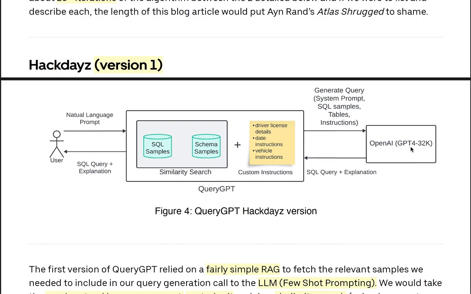So this is basically a simple RAG architecture, wherein you are fetching in some relevant information, adding it to the prompt, and giving it to the LLM. The LLM looks at the entire information at once and returns the answer. What they return is the SQL query along with the explanation of how the LLM went to this particular query generation, right?